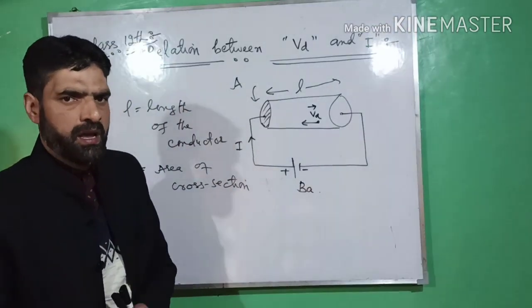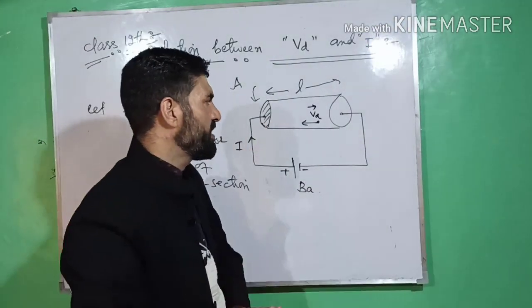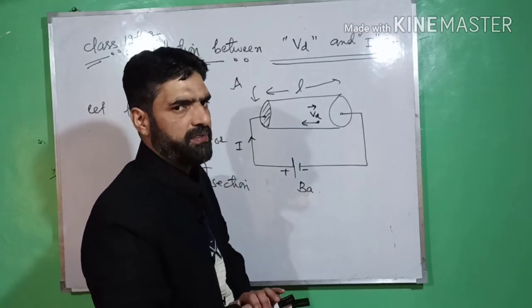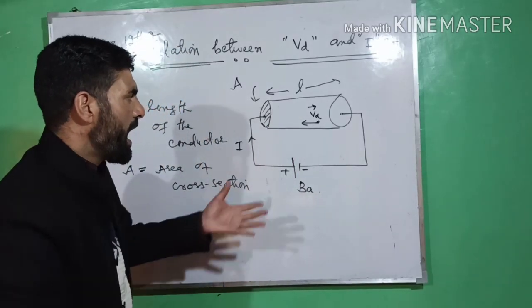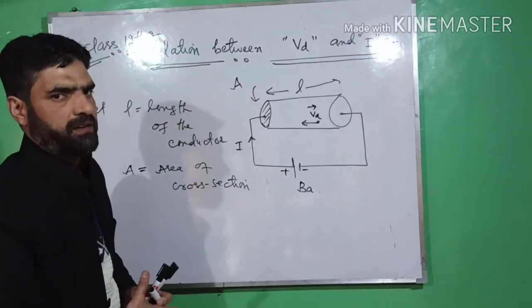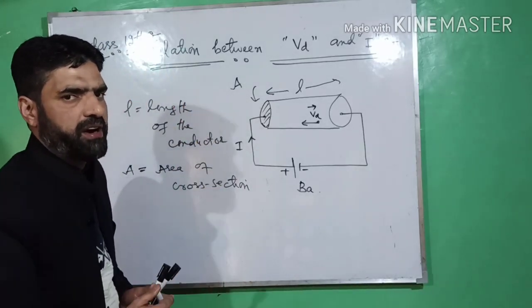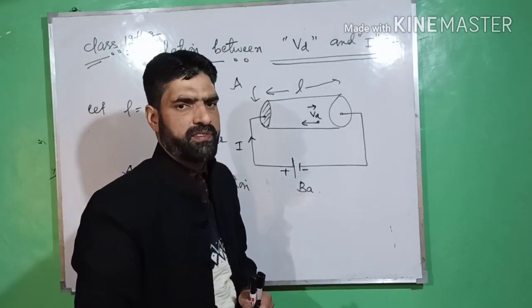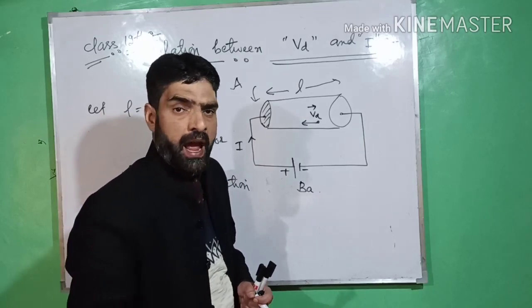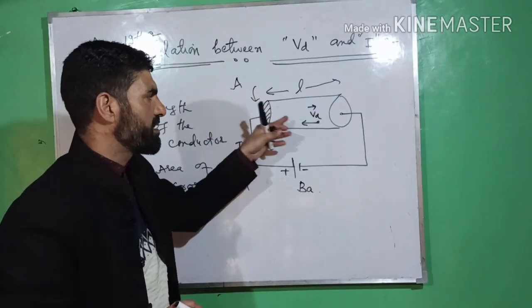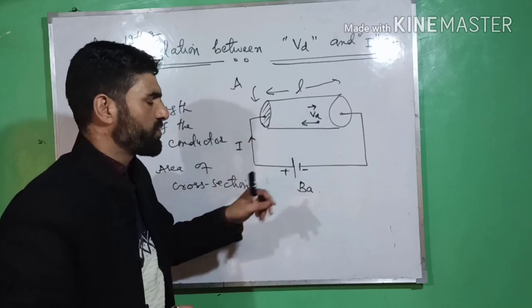The expression for drift velocity is E, the electric field, divided by m, into tau, the relaxation time. The definition of drift velocity is the average velocity of all the electrons with which they get drifted towards the positive of the battery.